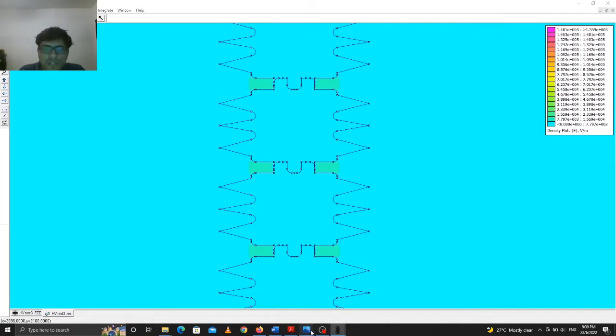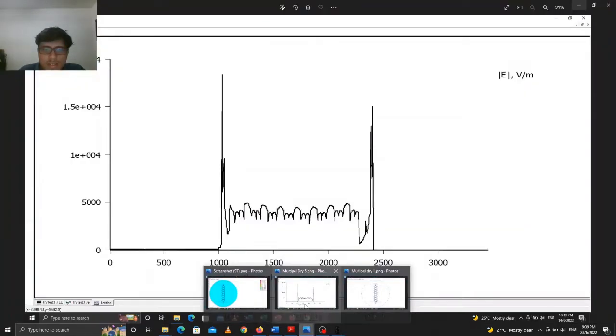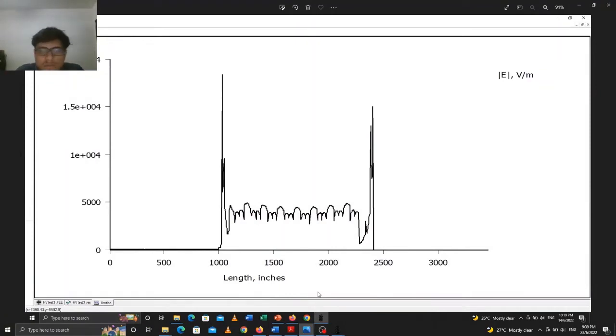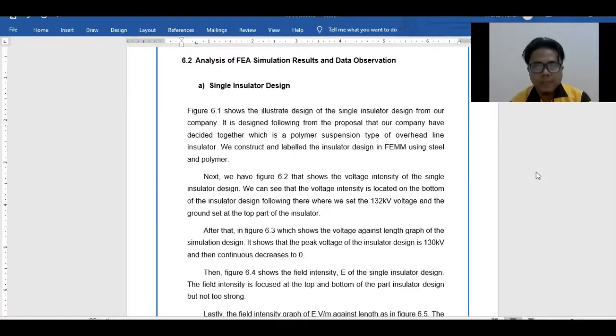For the graph, we can see that the graph is the same as the design that we have made. So this is the graph.